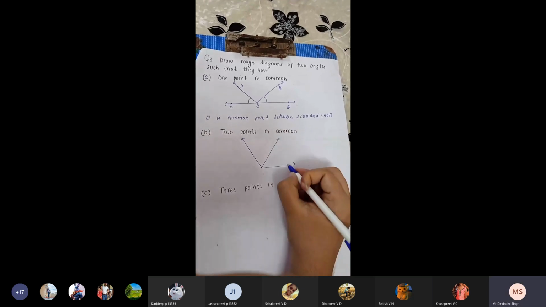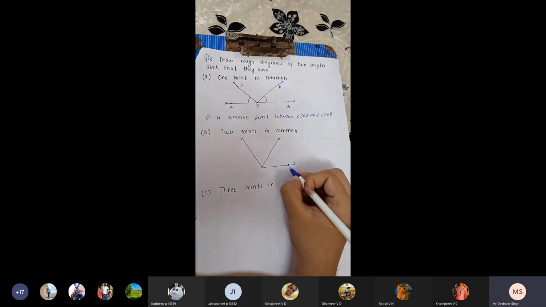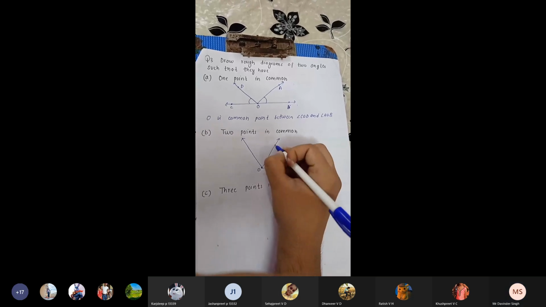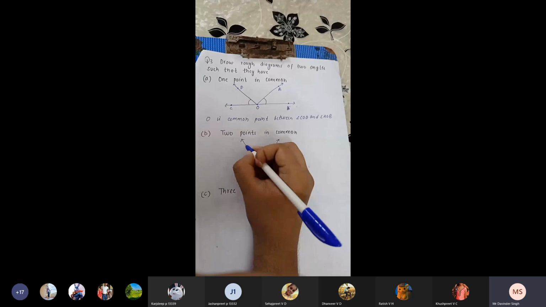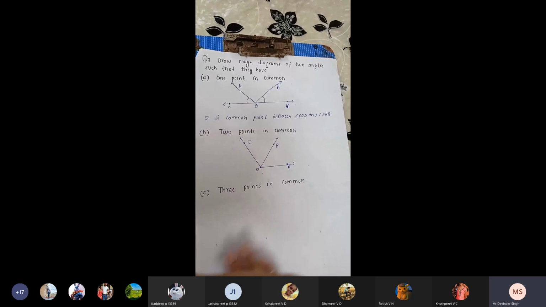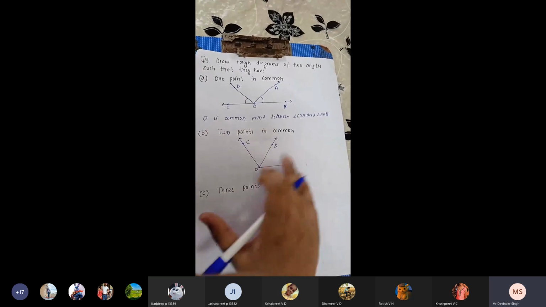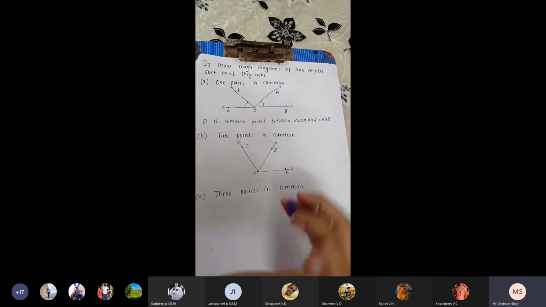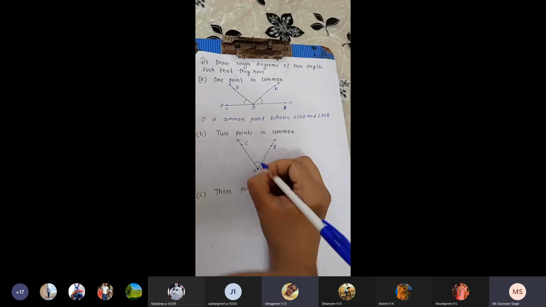Suppose this is A, this is O, this is B, and this is C. AOB, BOC. Can you tell me what are the common points between these two angles?